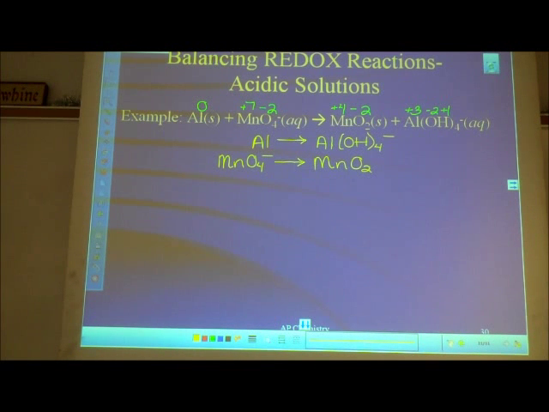The next step says balance any oxygens using H2O, water. Well, tell me this. On the left-hand side here of this aluminum reaction, how many oxygens are there? 0. How about on the right? 4. So watch how I'm going to balance that out.